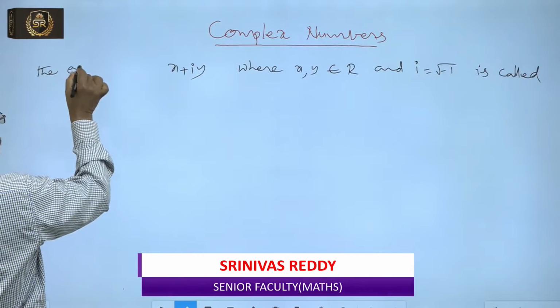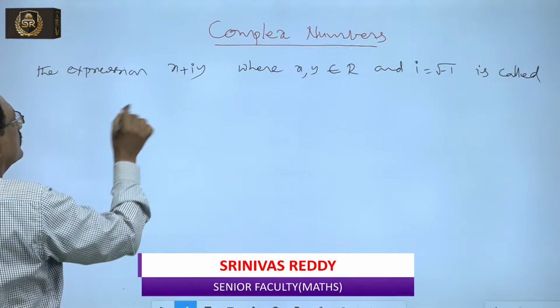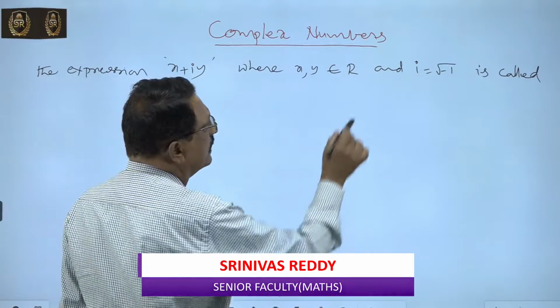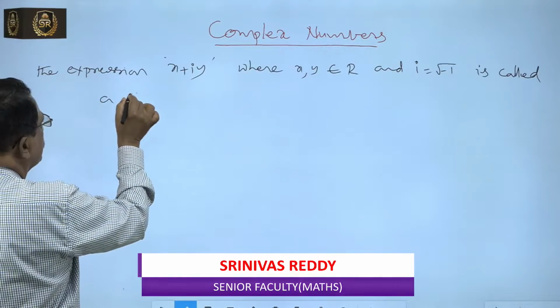The expression x plus iy, where x, y belong to R and i equals root minus 1, is called a complex number.